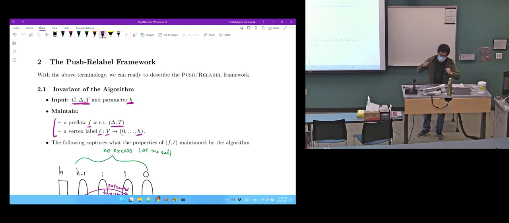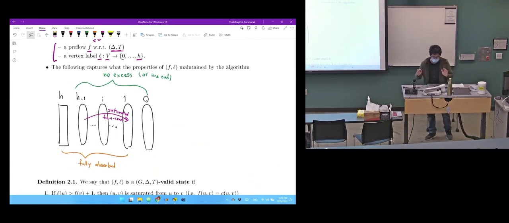Initially the preflow here will be like 0 flow, and the height of every node is just 0. And you will start trying to send flow, and along the way you will need to raise the height of a node when it is necessary. Does it represent the excess? The height does not represent the excess. Yeah. There will be some relationship, but not a direct correspondence. Okay.